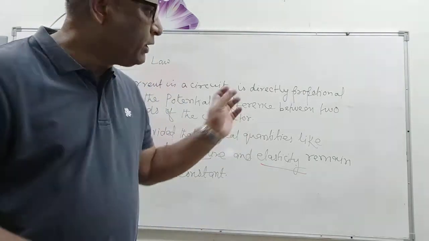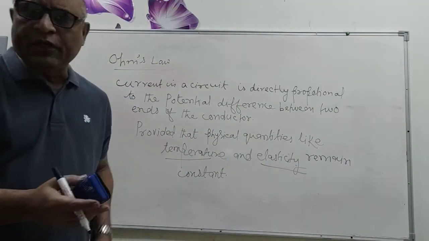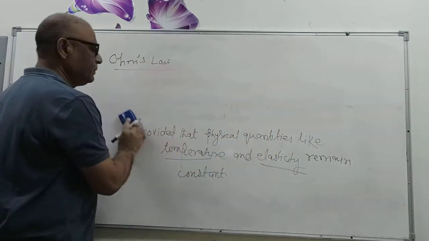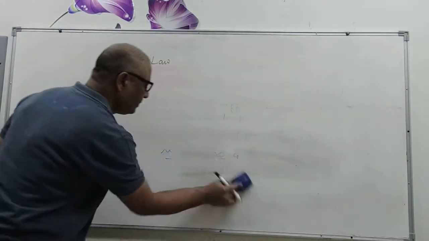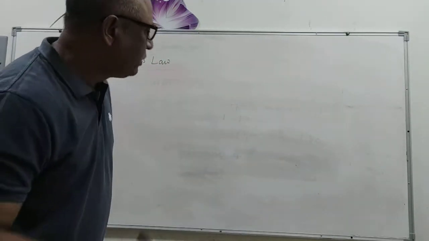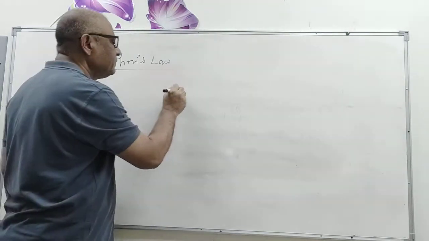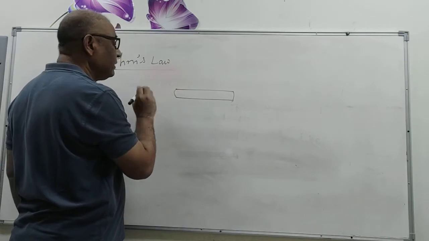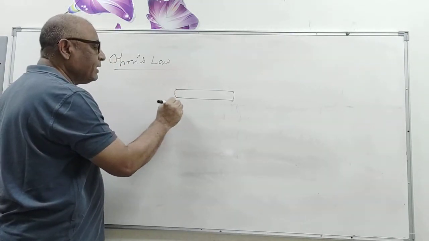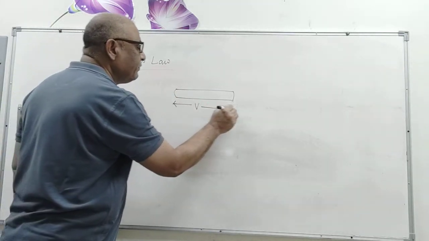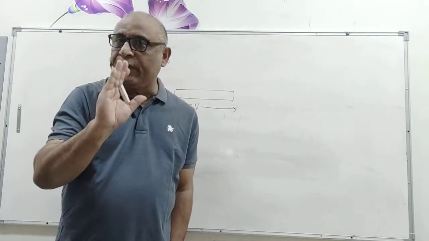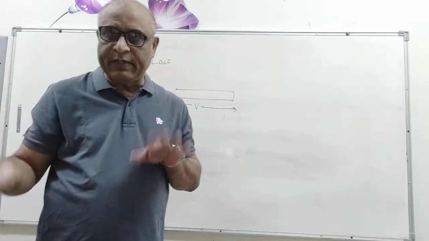Now I am going to derive the mathematical relation of Ohm's law. Suppose here is a conductor, and the potential difference across the conductor is V. You must know here V is not potential, but it is a potential difference.